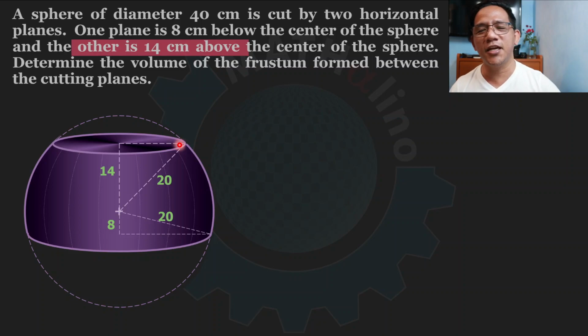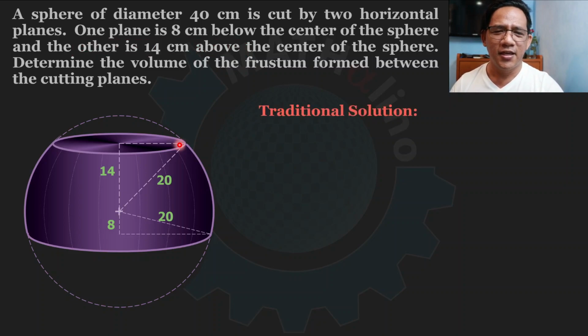Of course, in the traditional approach, we are going to look for a formula that is exactly applicable to this type of volume. That is our usual route in solving problems. If there is a formula and you memorize that formula, that is a very good approach. So what is the formula for the spherical segment of two bases?